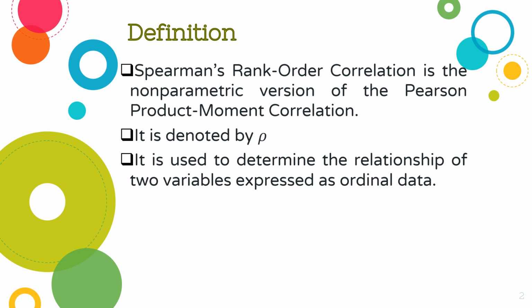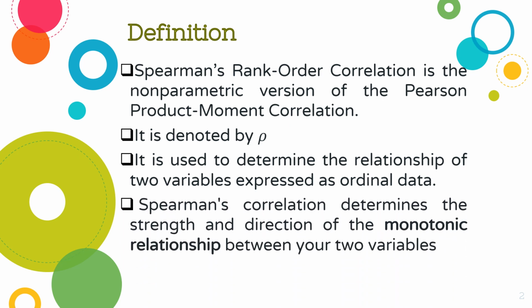So, dapat in here for Spearman rank, our variables should be expressed as ordinal order. Kaya tinawag na Spearman rank order. And Spearman's correlation determines the strength and direction of the monotonic relationship between your two variables.